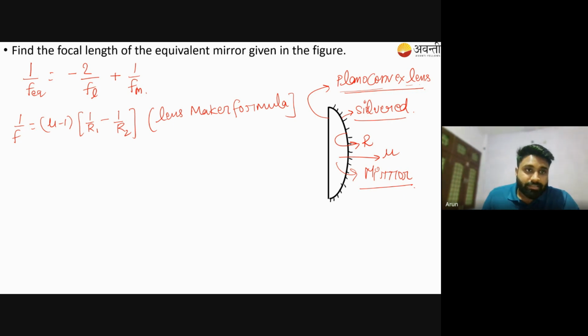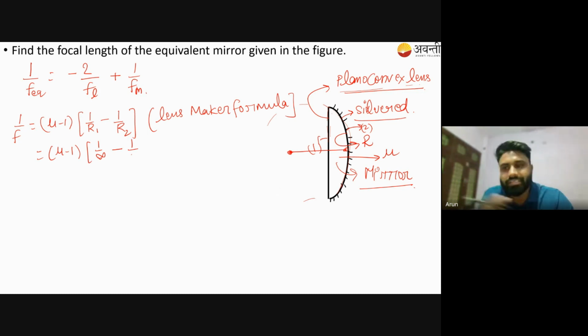Okay. So here mu minus 1, this surface is surface 1, this surface is surface 2. This plane surface has a radius of curvature of infinity, minus 1 upon this radius of curvature r, which here will be measured in this direction because it's part of this sphere. Got it? So it is minus r because it is measured in the direction of the reflected rays.